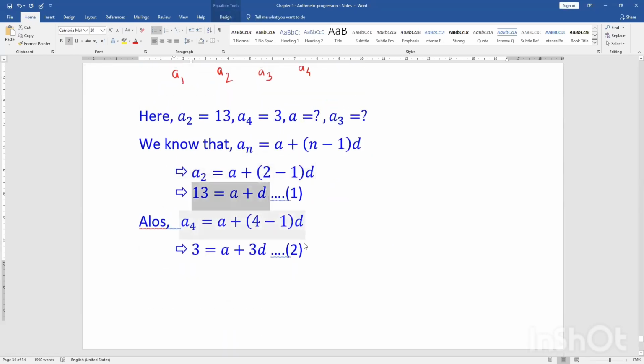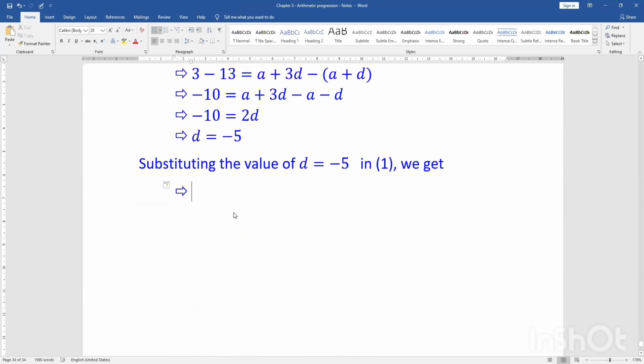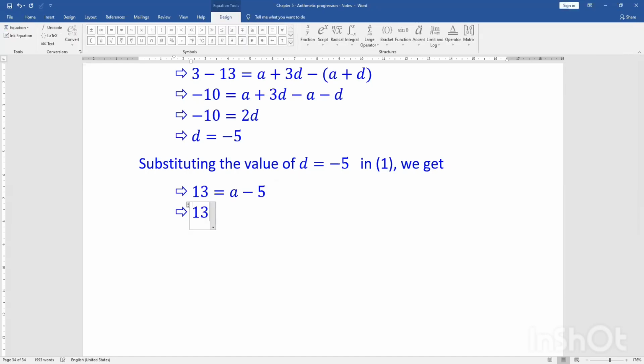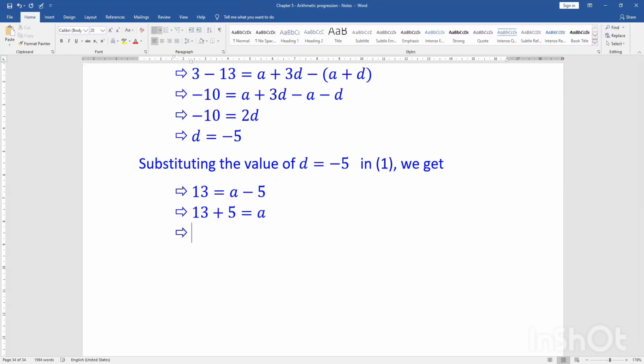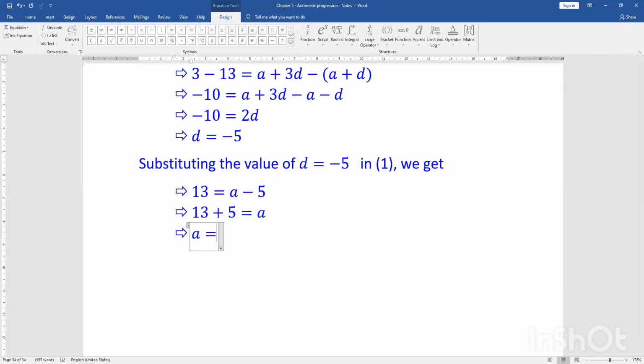So we have 13 equals a plus d, correct? So I'm going to put d as minus 5, okay? Minus 5 moves to the other side. It becomes 13 plus 5 equals a, or a equals 18, okay?